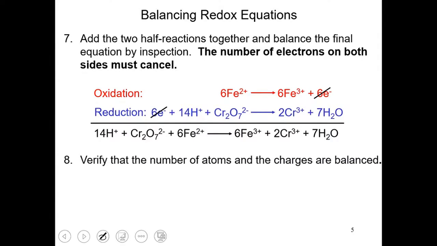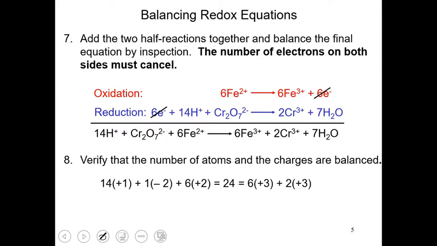We also want to make sure the charges are balanced. So on the left side, we have 14 plus, we have -2, and then we have 6 times +2. That adds up to 24. Should be the same on the other side. So on the right side, we have 2 times plus 3 and 6 times plus 3, for a total of 24.